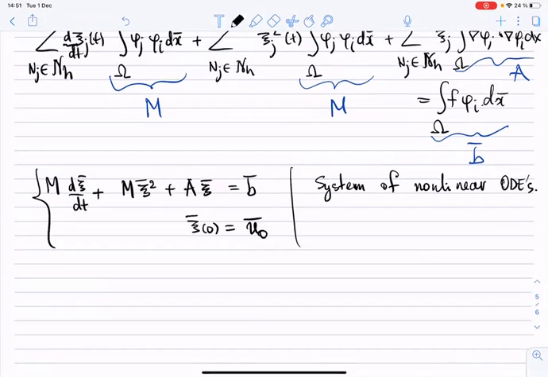All right, so I think the easiest way to solve this, for example, if you do Crank-Nicolson, you can put this nonlinear term, you can linearize it from the previous time step.